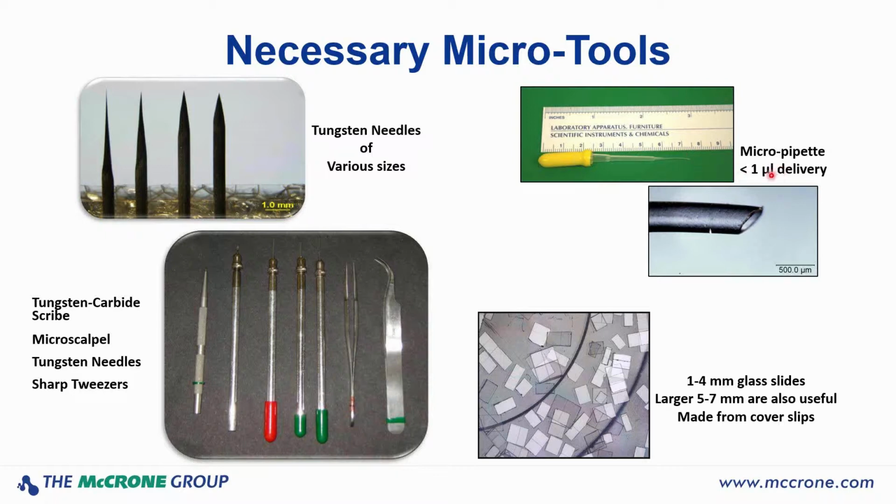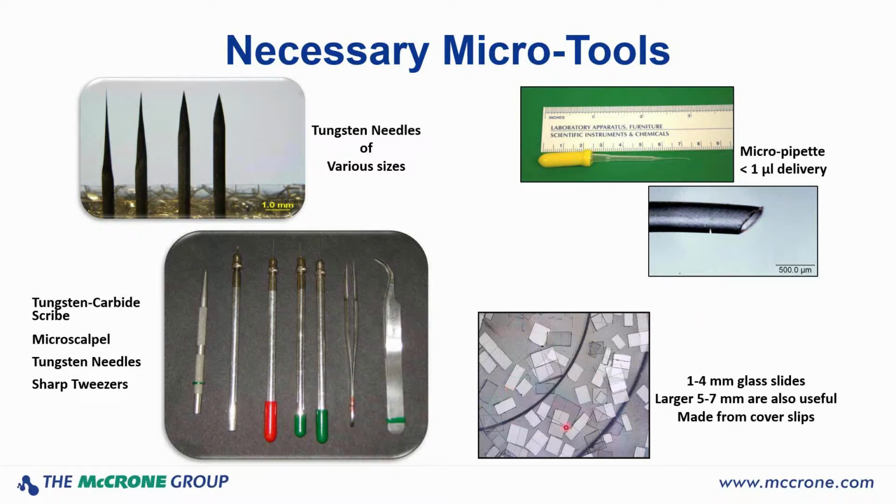These tips are generally going to deliver less than a microliter. Sometimes that's 10 times too much. So you can take this tip, heat it, pull it so that it stretches, and then cut it off so that the inner diameter is smaller, and then you can get down to about 50 nanoliters of liquid delivery. And sometimes that's necessary.